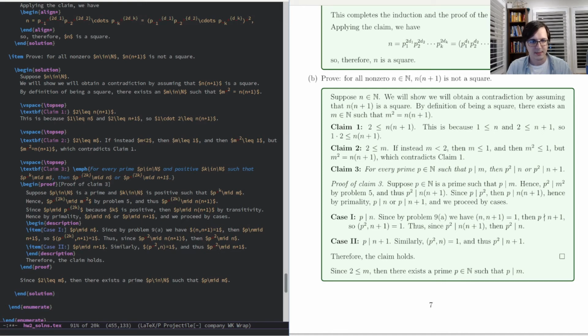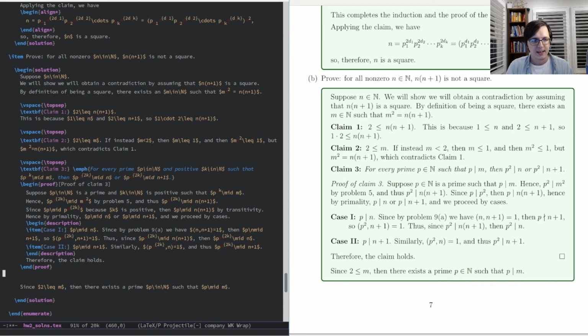So since p to the 2k divides n times n plus 1, by that theorem that's in the book, p to the 2k divides n. Okay, and then similarly, we got this is 1, and then p to the 2k divides n plus 1. Therefore the claim holds. Now here is what we will do.